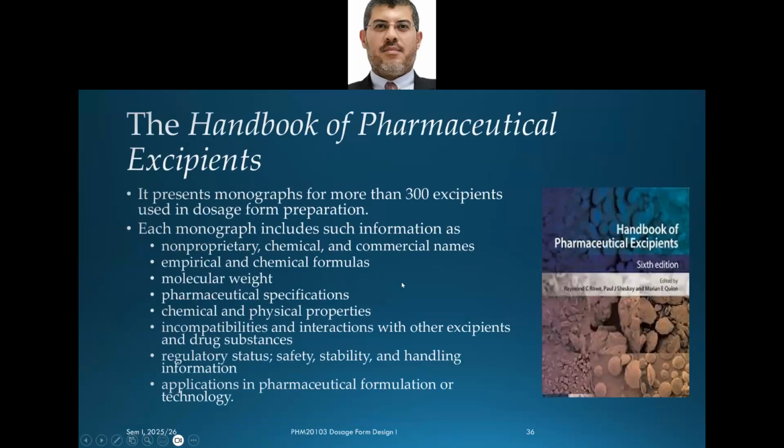Okay. Not all performance-related critical material attributes of an excipient may be identified or evaluated by specific tests and specifications listed in the pharmacopoeia. Cannot. I have to do my own study and then determine the impact of the characteristics of the excipient on the characteristics of the formulation. You can refer to a chapter.